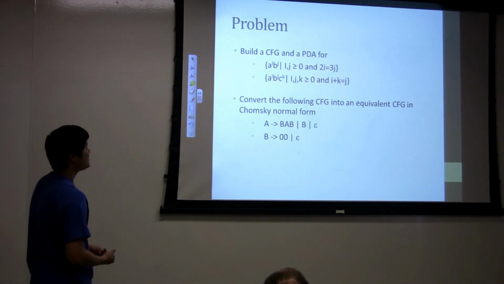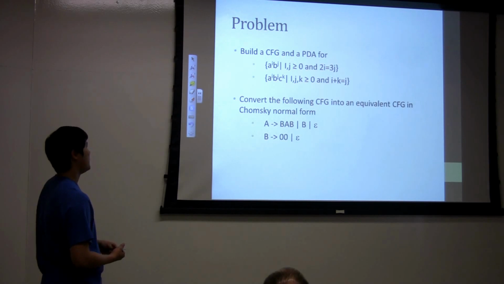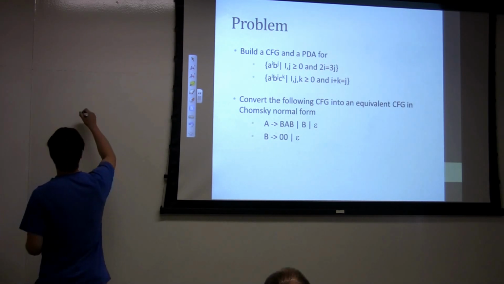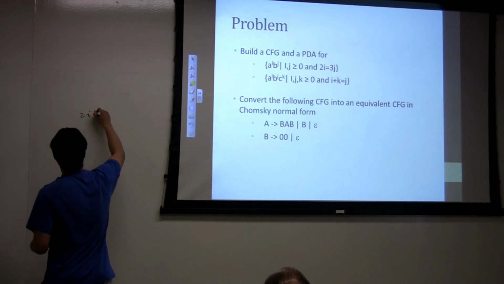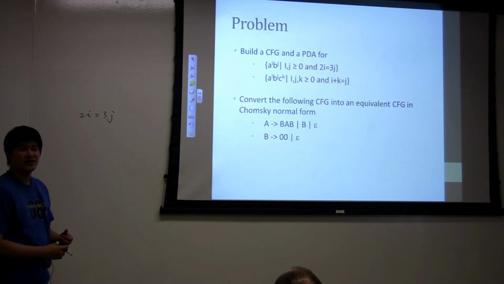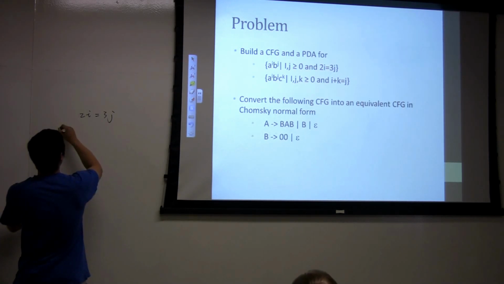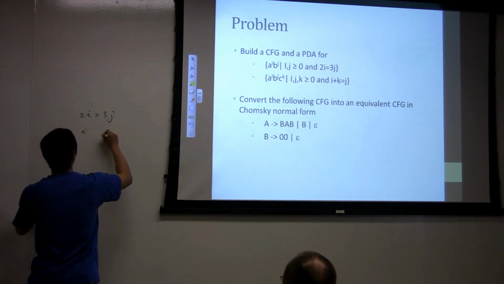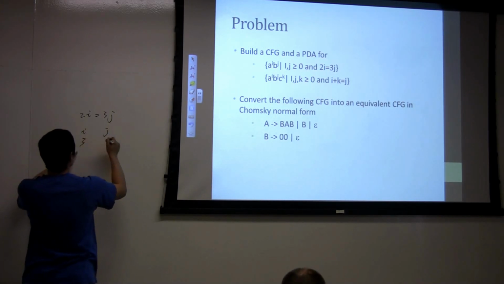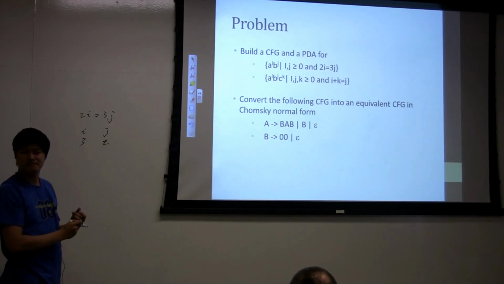So you just list some examples of integers that satisfy those constraints. 2i equals 3j, right? What's the first set of i and j that satisfies it? i equals 3 and j equals 2, right?